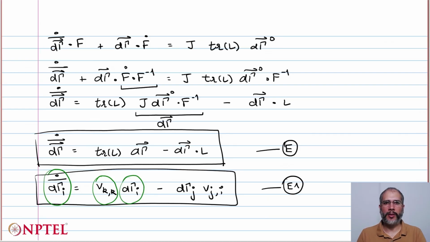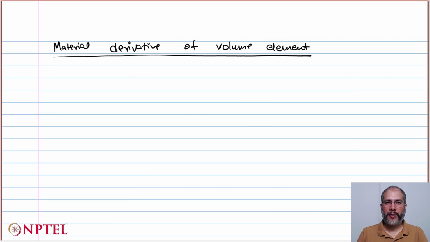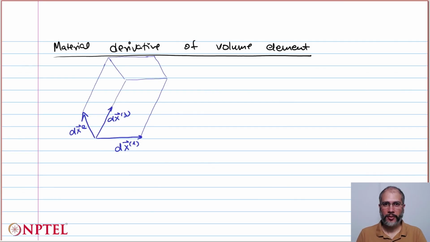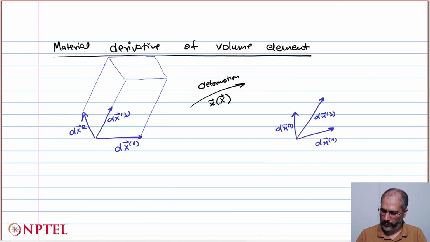So now we'll do the same thing for volume. So let us say we have three vectors in the undeformed configuration as this, and from these I can form a parallelepiped like this. And when the deformation happens, which is given by this function small x is a function of capital X, it results in three vectors in the deformed configuration like this, and the parallelepiped that is formed is this.